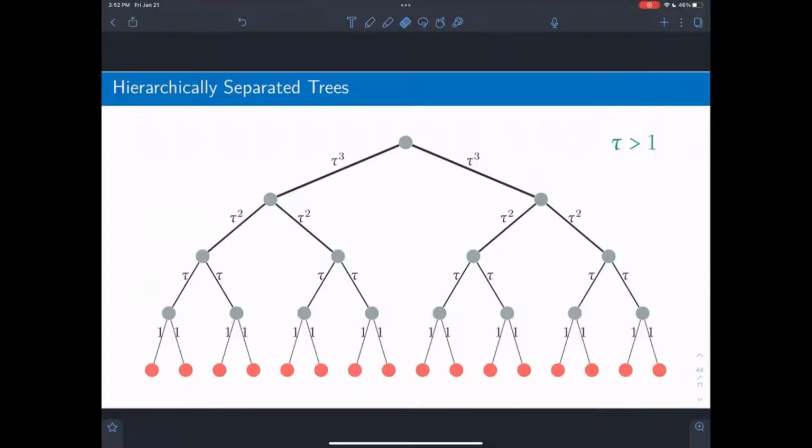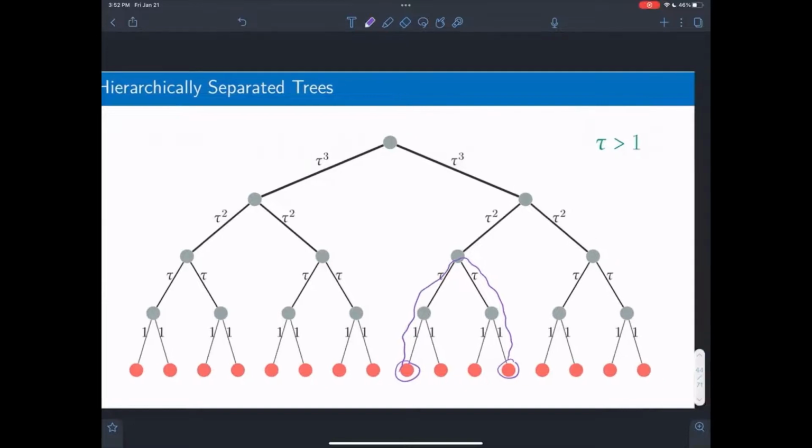It can be defined as the shortest path distance between those pairs of vertices. And you can see that as the weights go down geometrically here, the length of this shortest path is essentially dominated by the largest weight of an edge in this path.